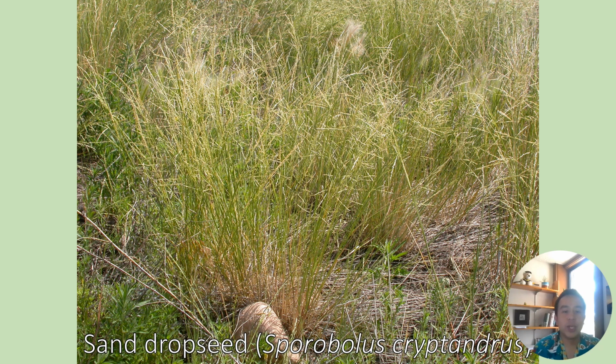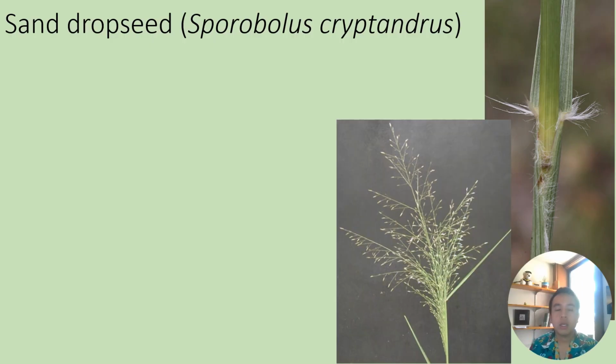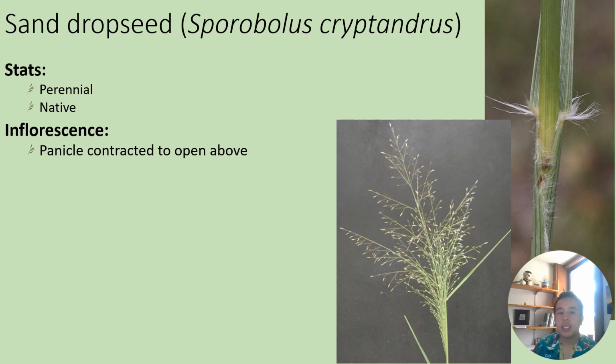And then finally, for this week, we also have sand drop seed, also known as Sporobolus cryptandrus. So Sporobolus cryptandrus, or sand drop seed, is a native perennial species, and its inflorescence is a panicle, and it's contracted to open depending on where it occurs.